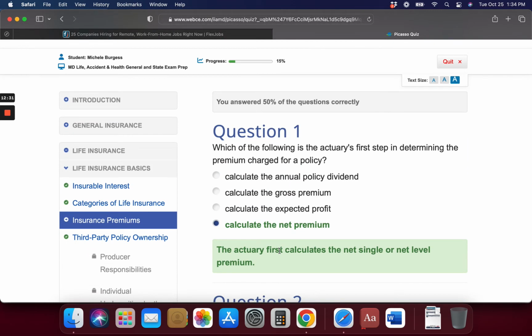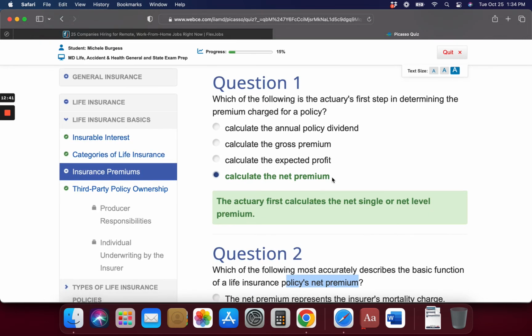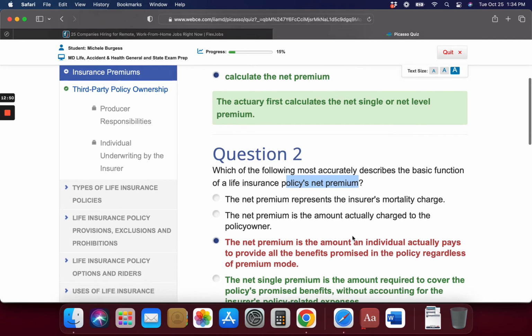So those are just some tips when you take tests. Sometimes that happens, not always, but normally they'll stay on the subject. In this case, they're talking net premium here. And the actuary's first step is to calculate the net premium.